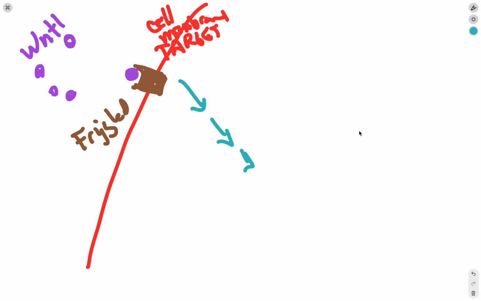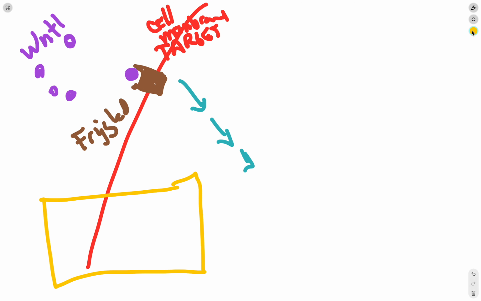And I'm just going to draw over here in a little side box that in this cell, in the absence of Wnt, beta-catenin protein gets degraded. So this is beta-catenin in the absence of Wnt, and it gets degraded.